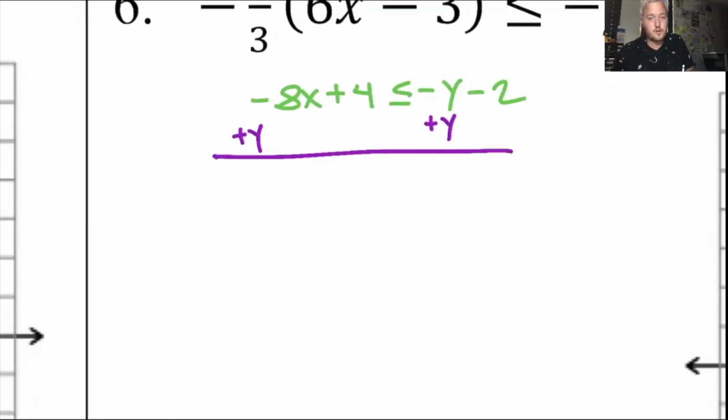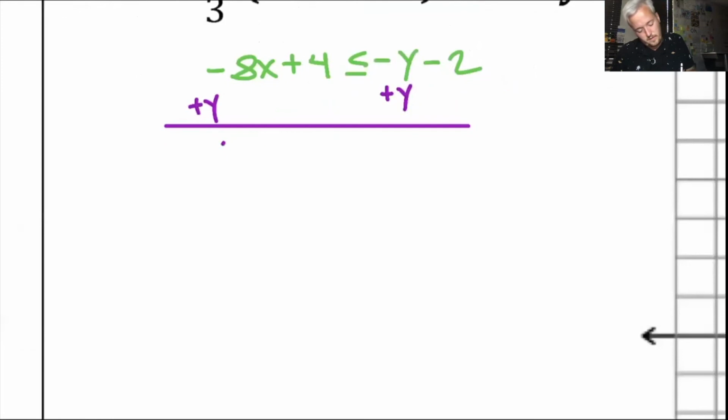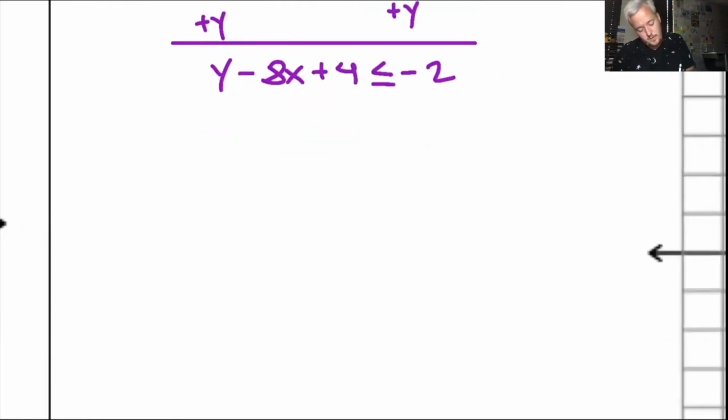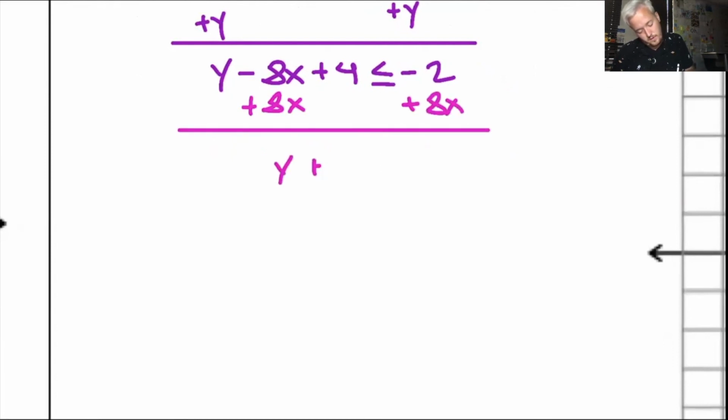So I can go ahead and just put it on the left side. All right, so I'm going to have y minus 8x plus 4 less than or equal to -2. All right, so now I'm going to add over the 8x. So I have y plus 4 less than or equal to 8x minus 2.